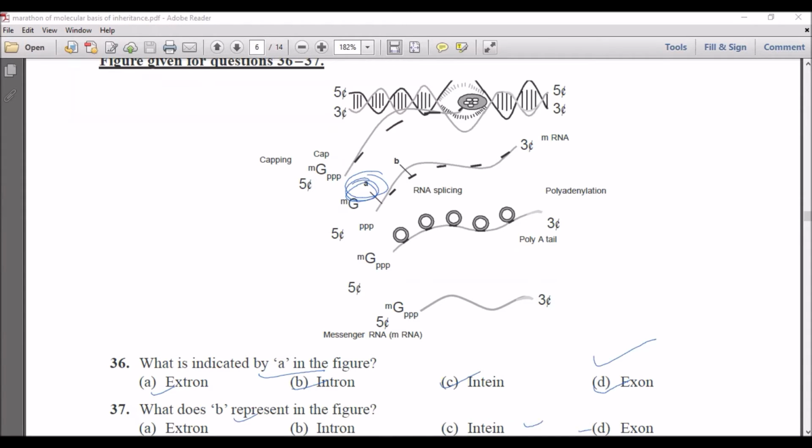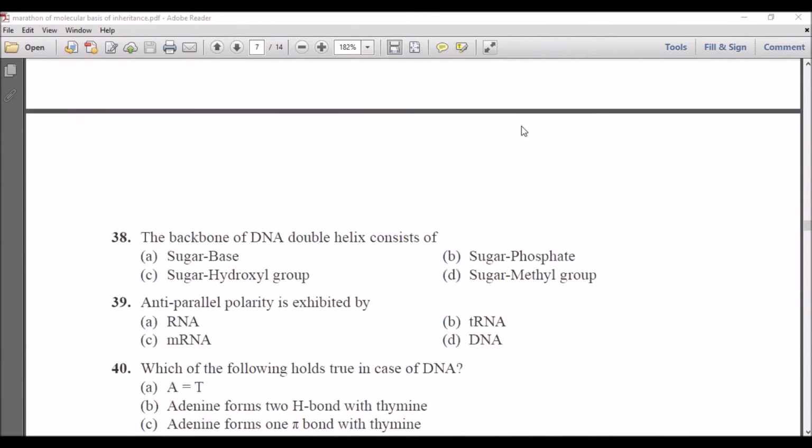We know that B represents the intron. Introns are intervening sequences. B represents the intron and A represents the exon. So this figure represents the exon and introns, and various splicing and capping is taking place.